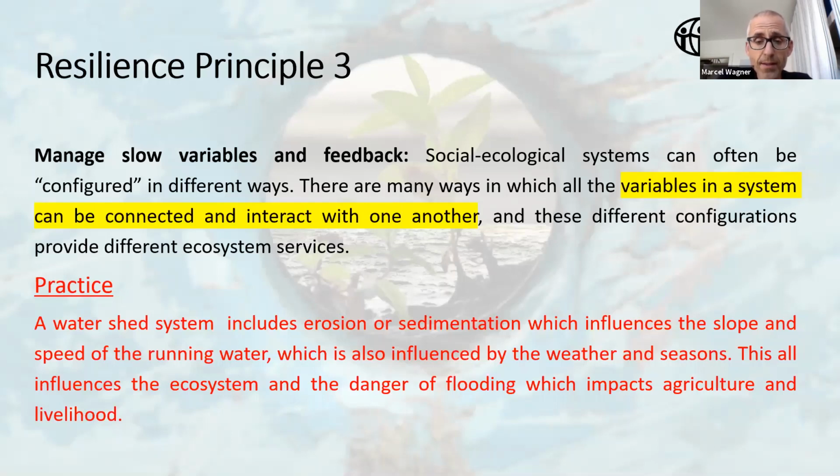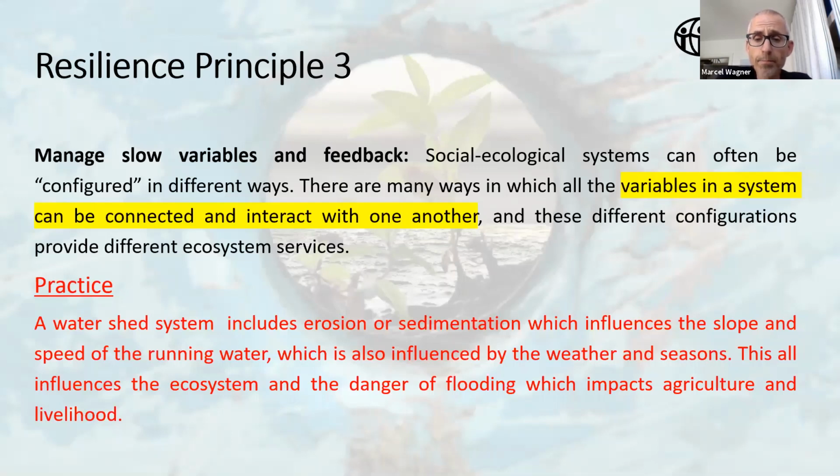The practice: I've taken a watershed system. It includes erosion or sedimentation, which influences the slope and speed of the running water, which is also influenced by the weather and seasons. This all influences the ecosystem and the danger of flooding, which impacts agriculture and livelihood.